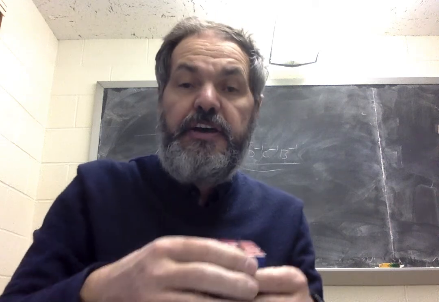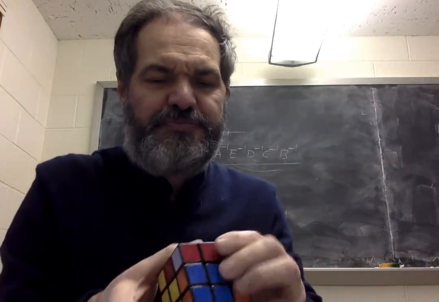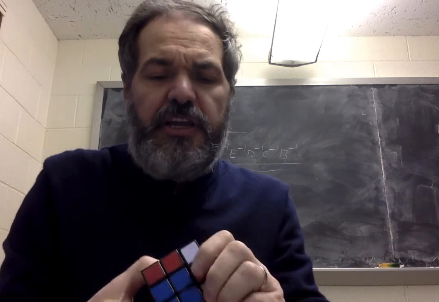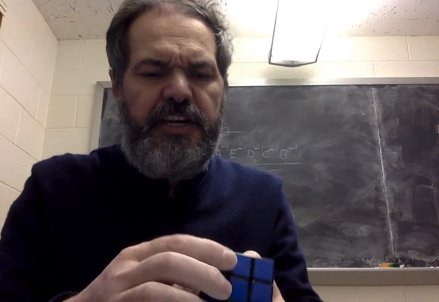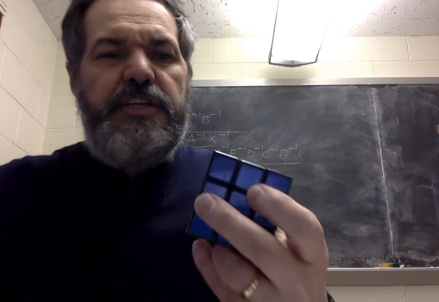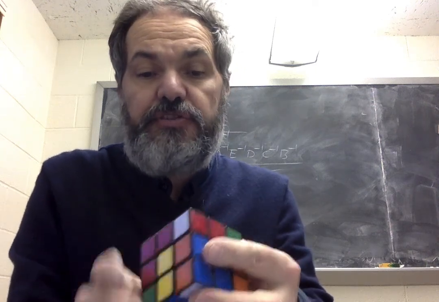So if I apply this operation again, if I do it properly, this is still a permutation of the same three cubes, as you can see. But if I apply it one more time, of course I have to get back to where I started.